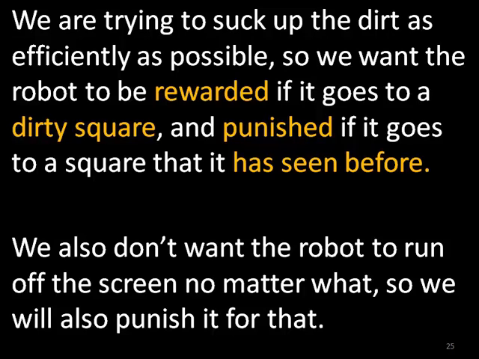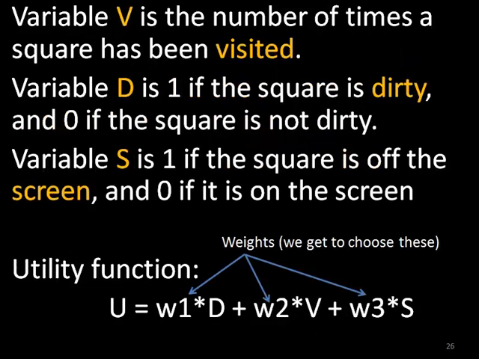So we want the robot to be rewarded if it goes to a square with dirt in it. We want the robot to be punished if it goes to a square that it has already been to before. We also don't want the robot to go off the screen no matter what, so we'll punish it for that. And in fact, we'll punish it a lot for running off the screen, since we really don't want that to happen.